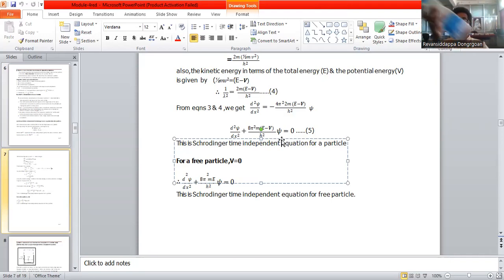For example, take a free particle. Free means there is no binding at all. If there is no potential difference or no binding, V will become 0, or V will become constant. For example, you take a ball and give a force to it. The ball will come back only, but it will not change its potential.